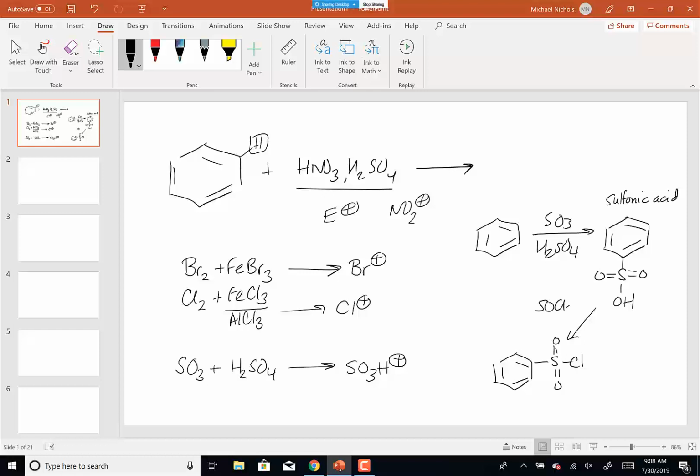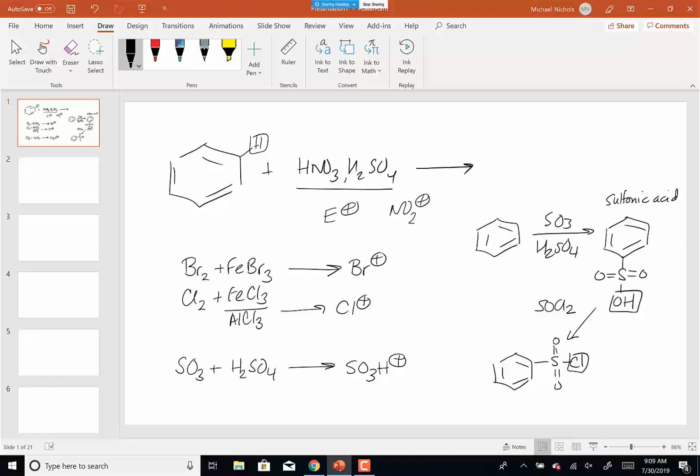I'd use SOCl2. Because remember, what is the purpose of SOCl2? Well, SOCl2 is to convert an OH into a Cl. So in this case, that's what I'm doing.